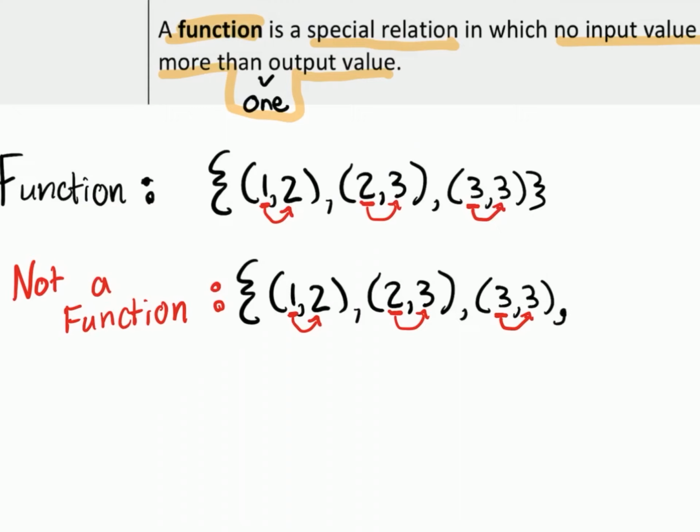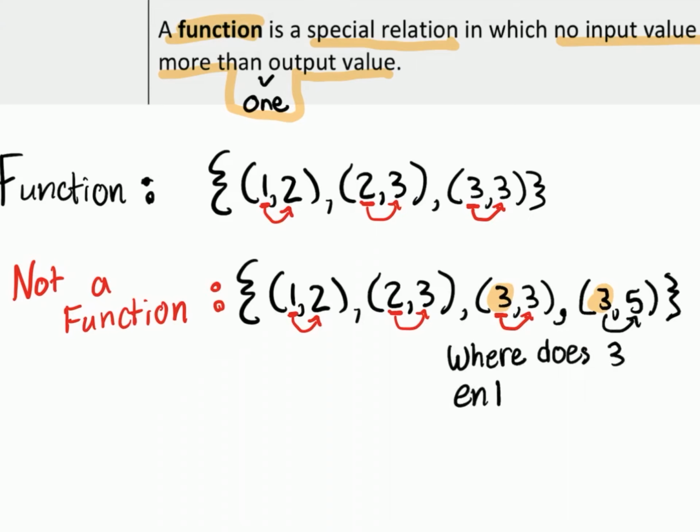This is going to make it not be a function anymore because now I have one of my input values, 3, getting sent to 2 different output values. So I don't really know what to do if I start with the input value of 3. It's like conflicting directions. Should I end up as 3 as my output, or should I go to 5 as my output? Which makes all sorts of unfortunate mathematical contradictions happen, which is why we like functions.